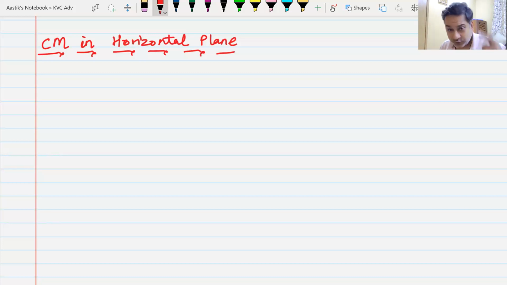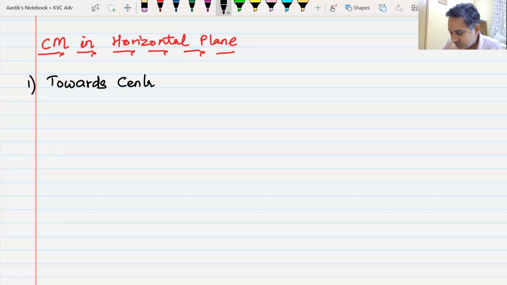Okay. So we will make equations along three directions. We'll not require all of them because we'll not be having three unknowns. We'll only have two unknowns, so we might have to make only two equations. To solve this, the first equation will always be along which direction? Towards the center. And how will you make it?